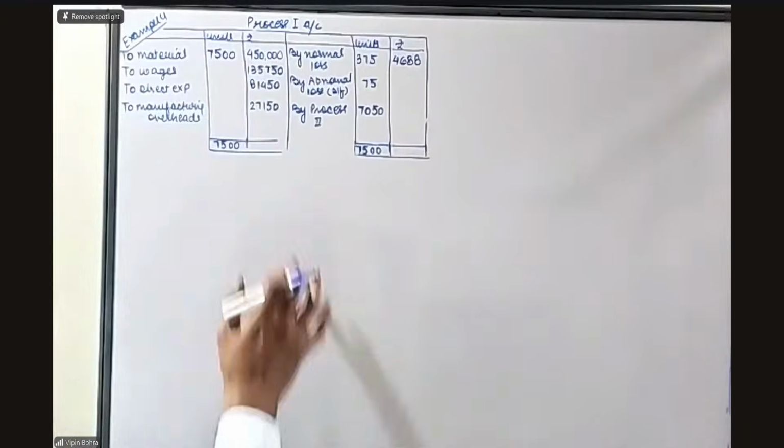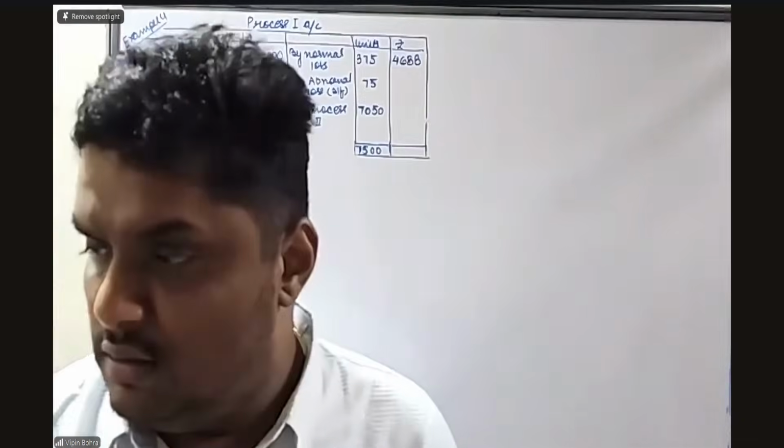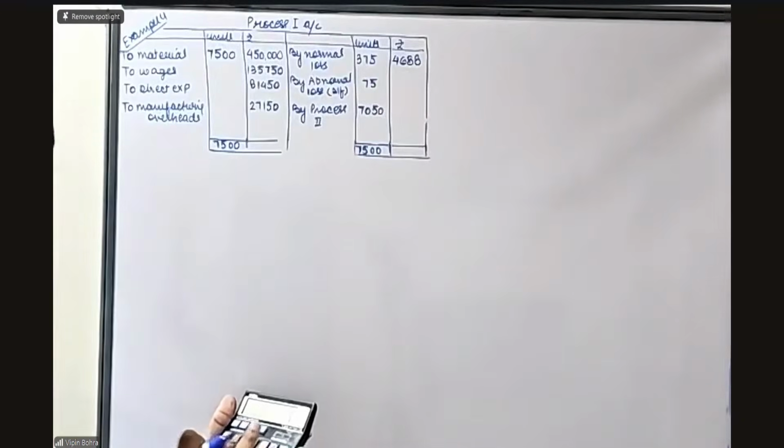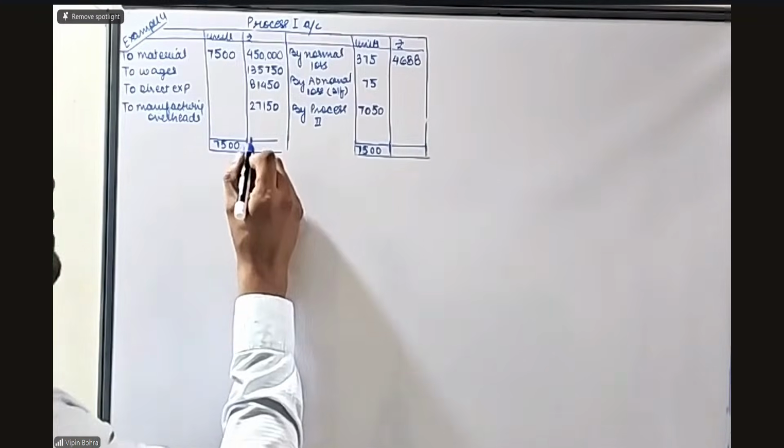So now let's calculate the total cost. 4,50,000, 135,750, 81,450, and 27,150. The total is 694,350.